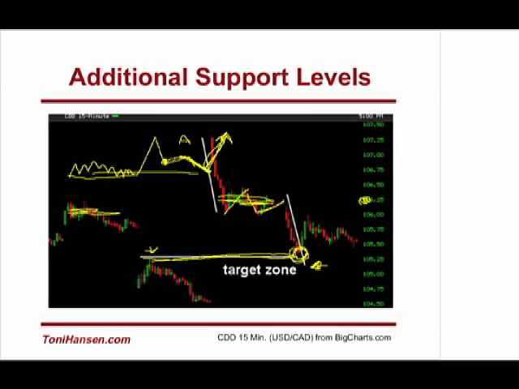So it triggers in here as a short setup. So if you look and you place your target level based on the equal move down in here, you also want to see, is there any major support zone that could possibly stall it before it hits that level? And that level, of course, is that previous high. So that then gives you a larger target zone in here to shoot for.